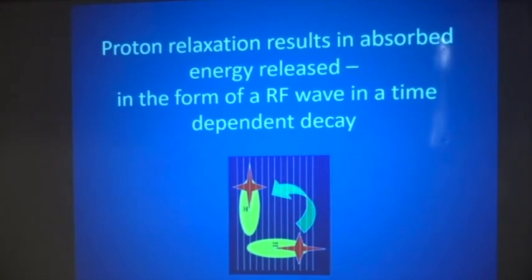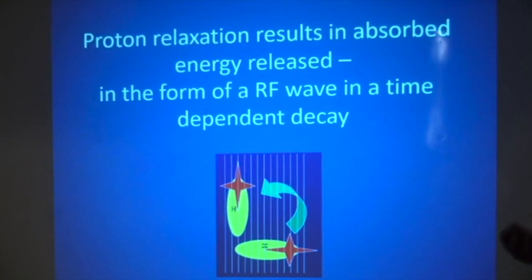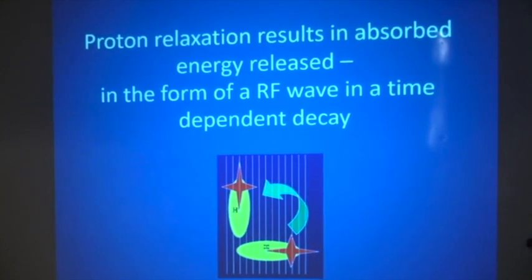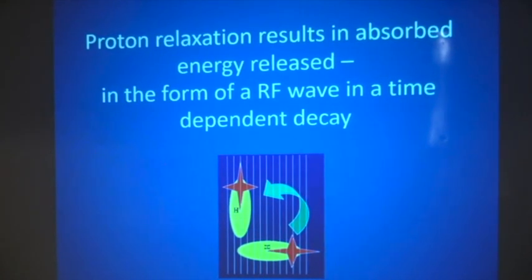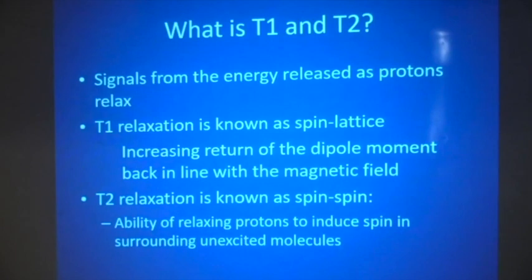When the proton relaxes, absorbed energy is released, and this is a radiofrequency wave and a time-dependent decay. And it's that timing that gives you the image that you're looking at. So when it is spatially recorded, you get differential images. What is the difference between T1 and T2? T1 is known as spin-lattice.